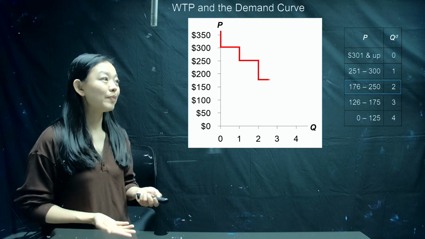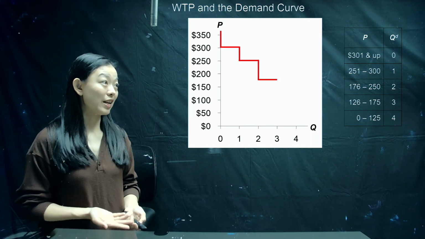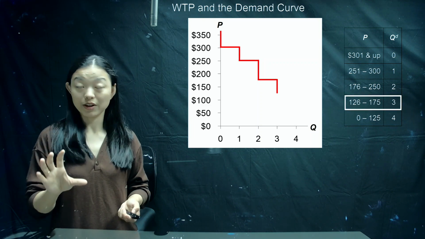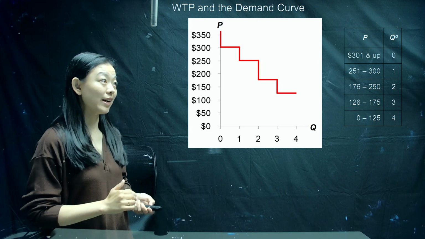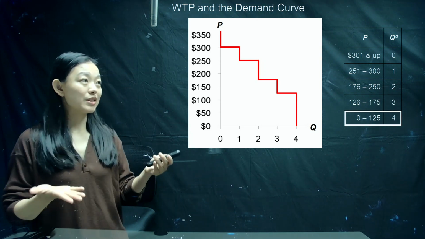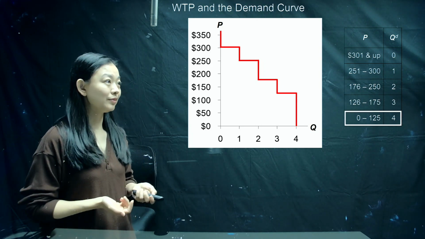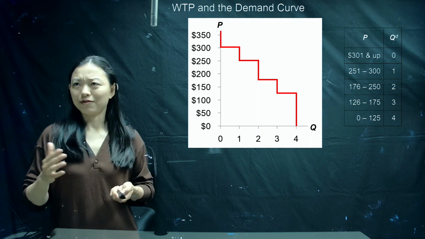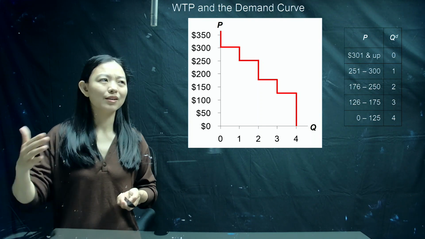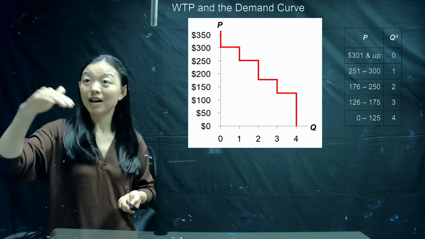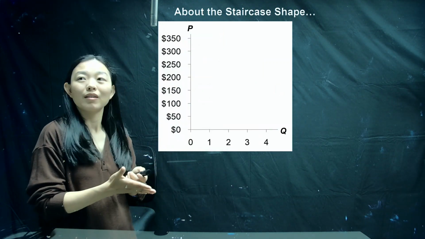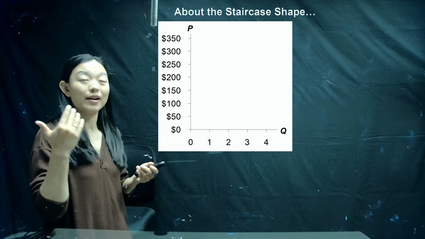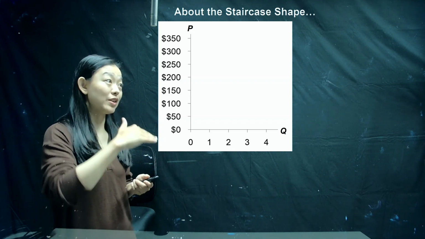So you can see our demand curve in this special case would be a staircase shape, right? So you can see this is our demand curve. And you might feel a little bit confused. Why is this demand curve not a straight, downward sloping line? Why has the demand curve now become a staircase shape?